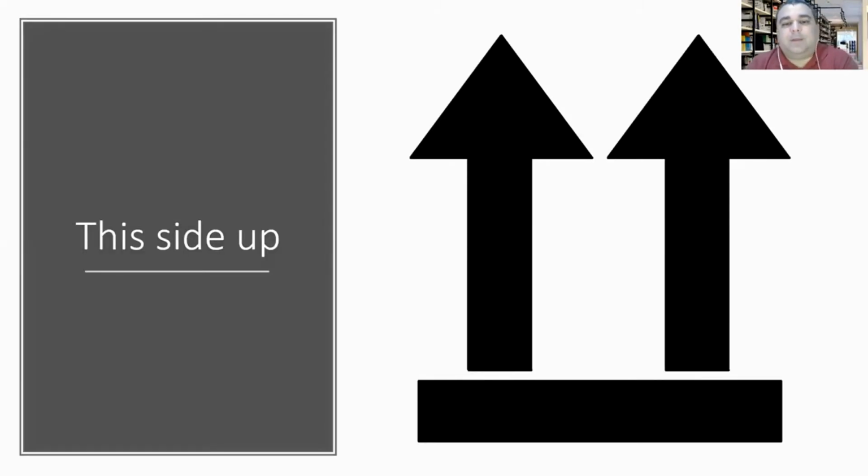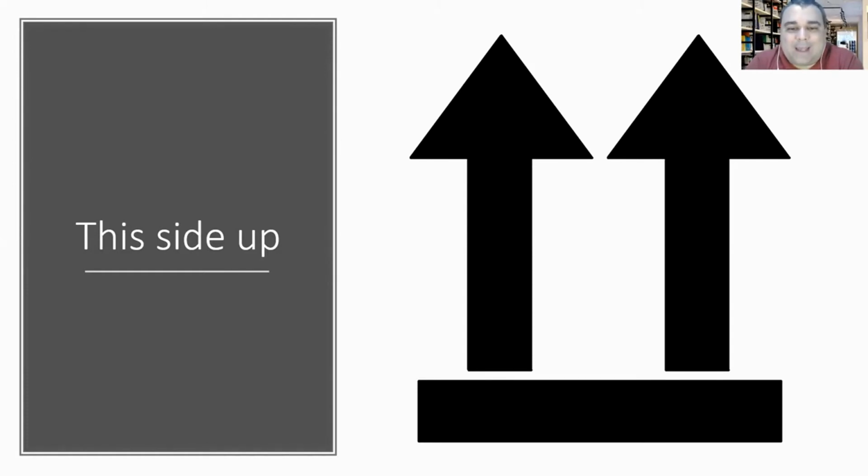The other symbol, also one of the most common symbols in packages everywhere, is this. So this side up, the arrow symbol. Sometimes one arrow, sometimes two arrows. It shows the direction that the package must be stored, moved, and transported.